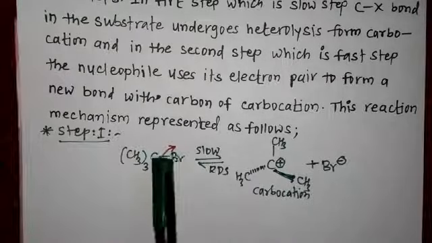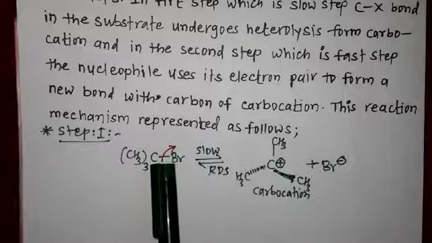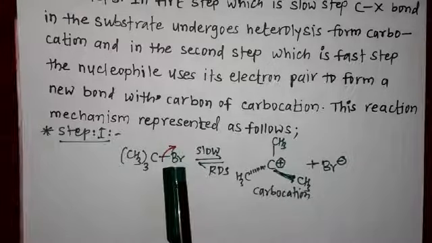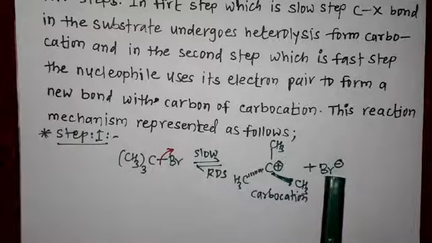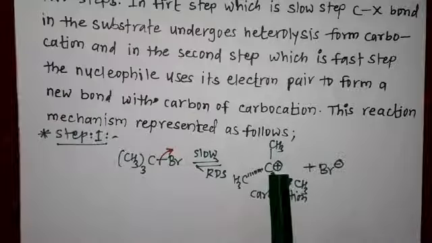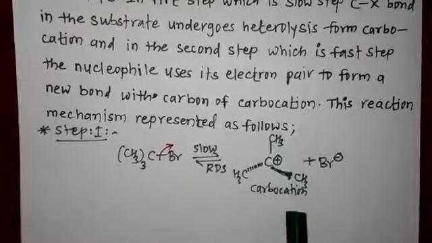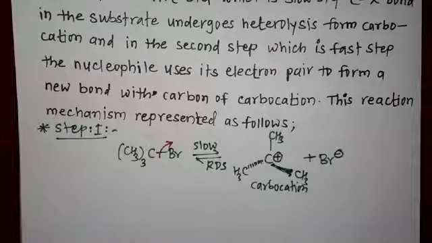Both electrons present in this bond, after breaking, are carried by Br, and hence Br carries a negative charge and carbon carries a positive charge. This is the first step, in which the formation of carbocation takes place by breaking of the carbon halogen bond.